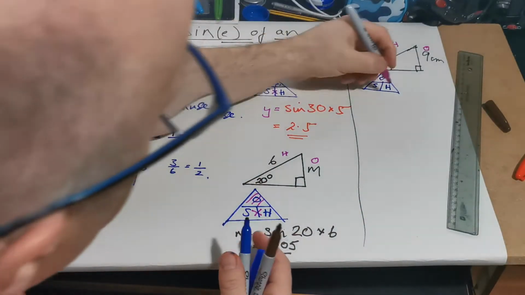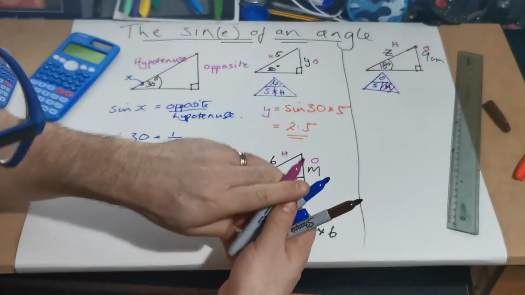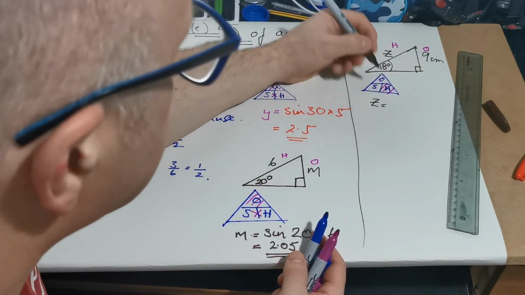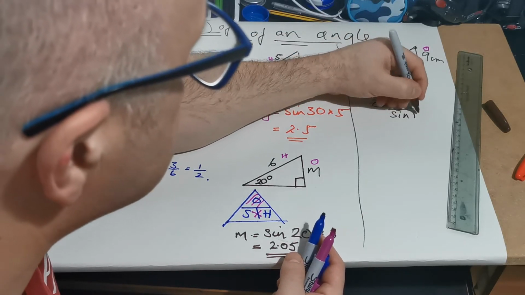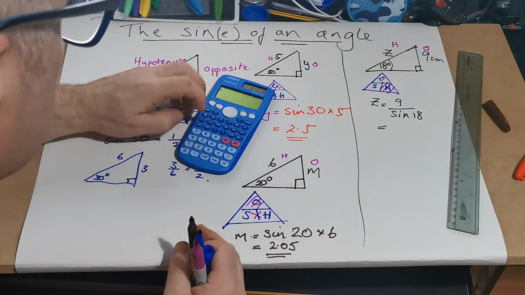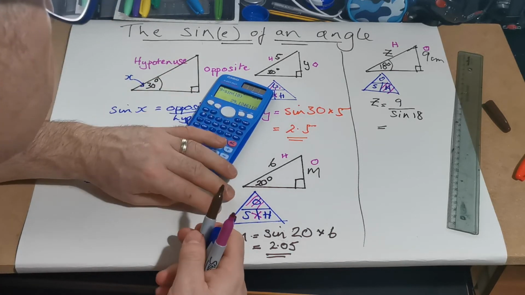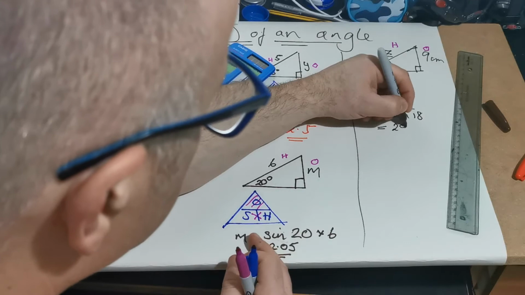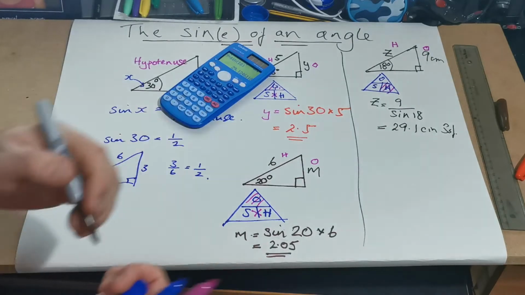This time I'm finding H. So because this is over the top of that, that's a divide. So we've got H, which is Z, is equal to O, which is 9, divided by sine 18, which is 29.1 centimetres to 3 significant figures.